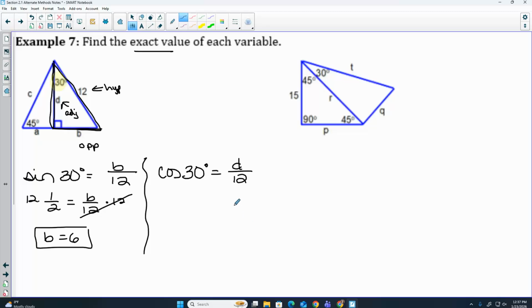Okay, cosine of 30. So fold in your 30, cosine is the square root of the bottom over 2, so radical 3 over 2. It's D over 12. Multiply over my 12. So 12 over 2 gives me 6 radical 3.